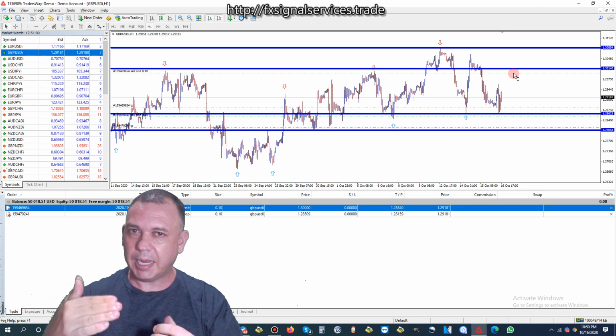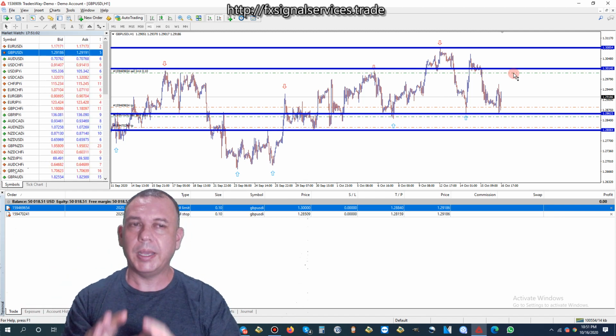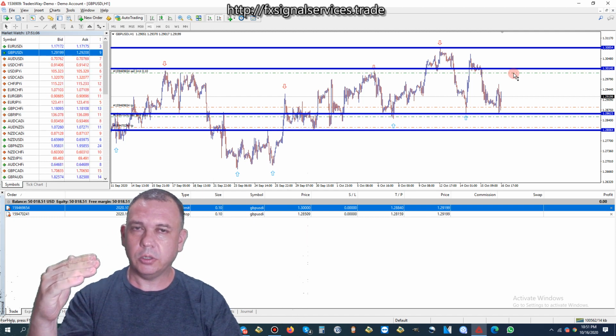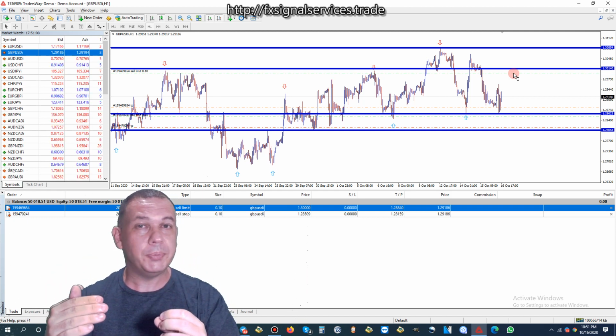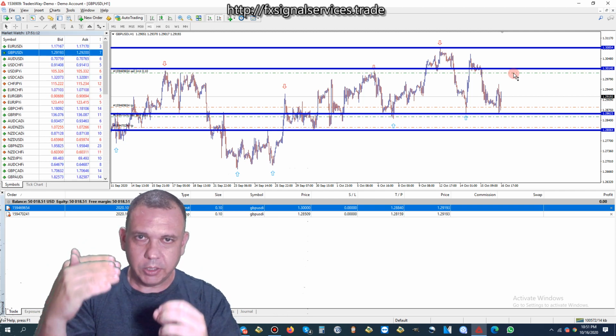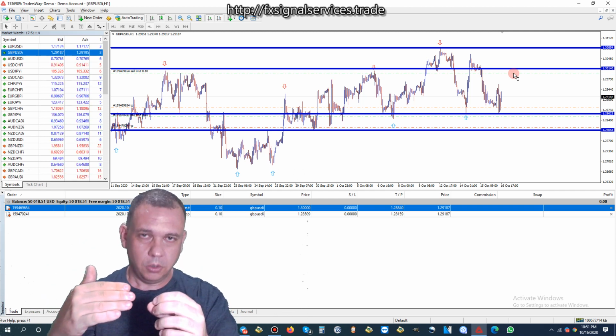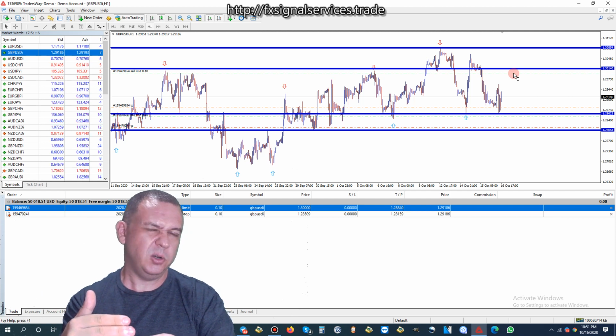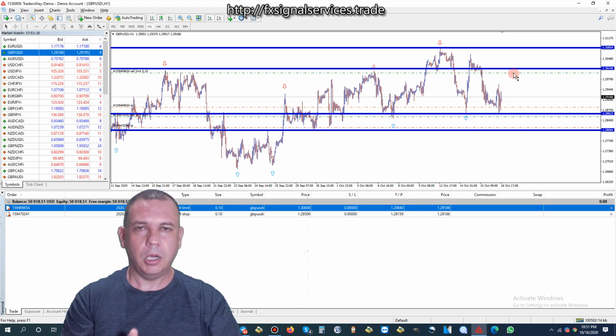Limit order, stop order, whether it's buy or sell, it doesn't matter. Start with the 4-hour chart, wait until you get the opposite signal on the 1 hour, then place a limit order. Then you're going to do a stop order on the opposite side of that signal on the 1 hour chart. I hope that makes sense.